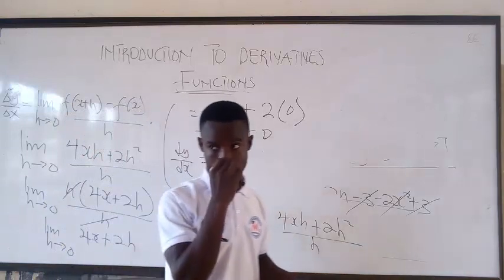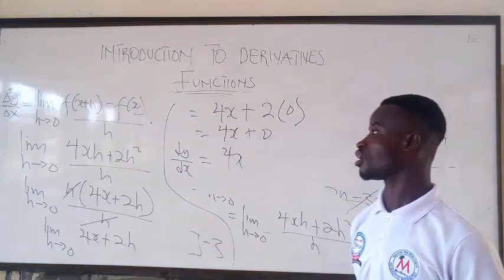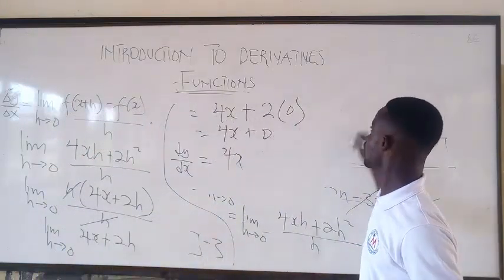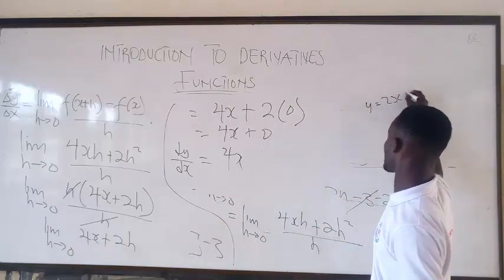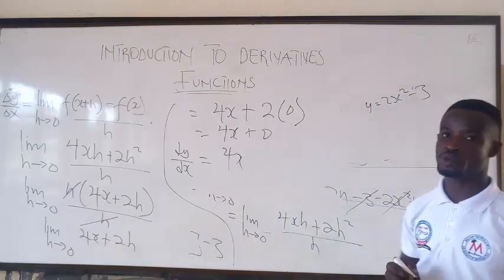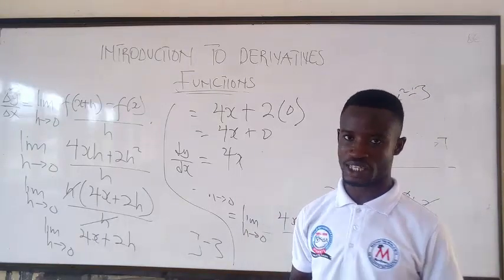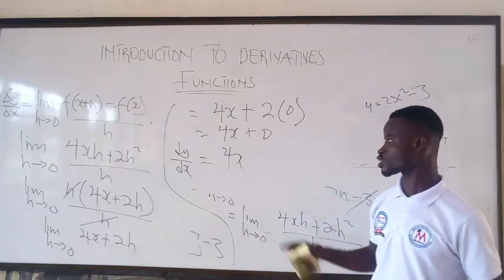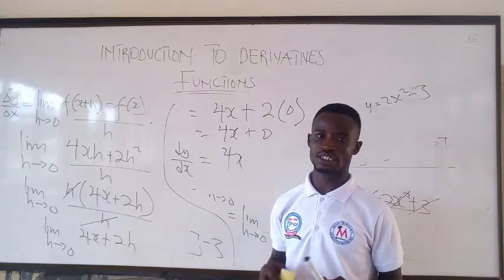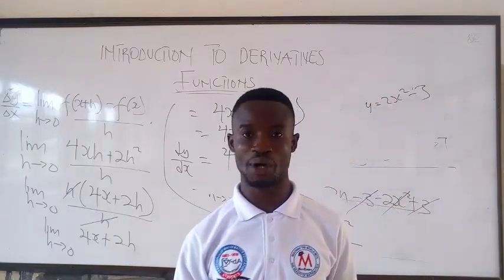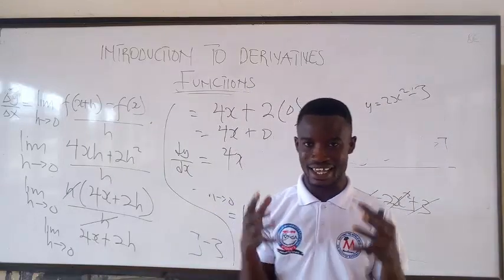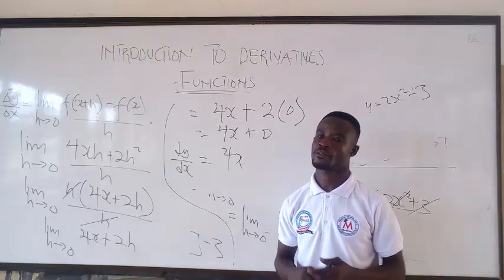So this means that the derivative of y equals 2x squared minus 3 will be what? 4x. And we have obtained it from the what? From the first principle. But the question is, the result, which is the dy/dx equal to 4x, what is that result?